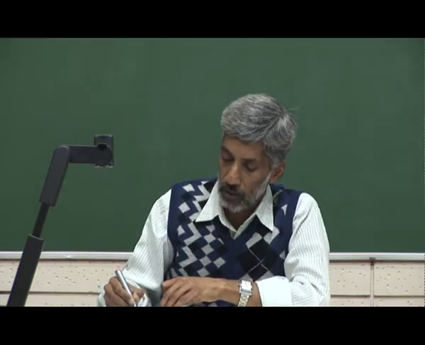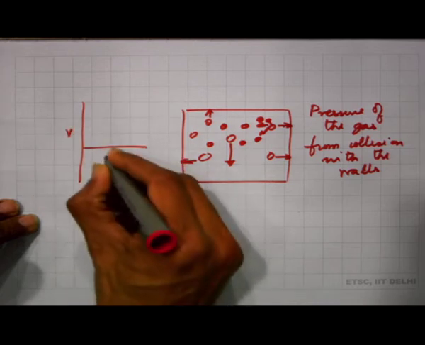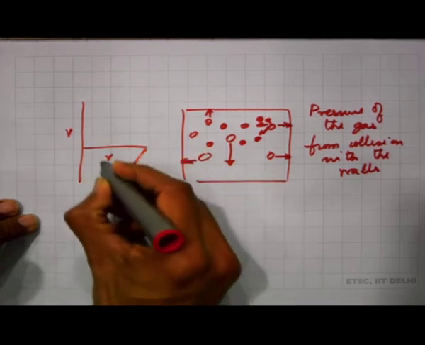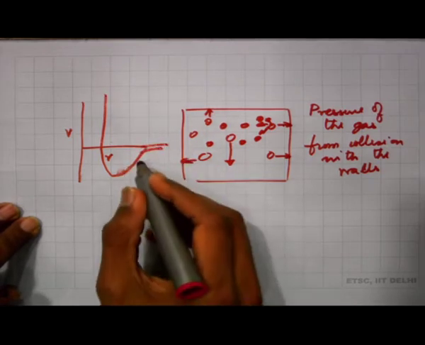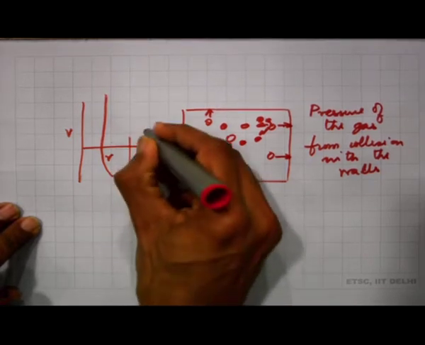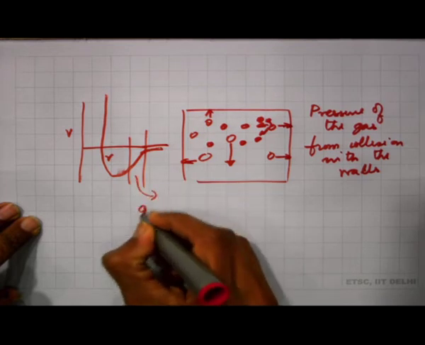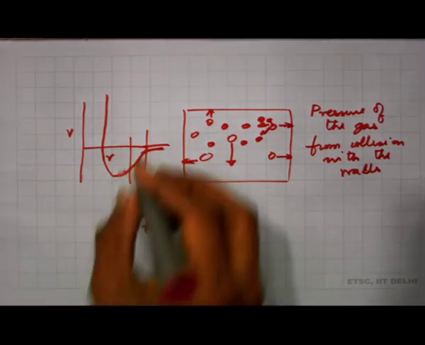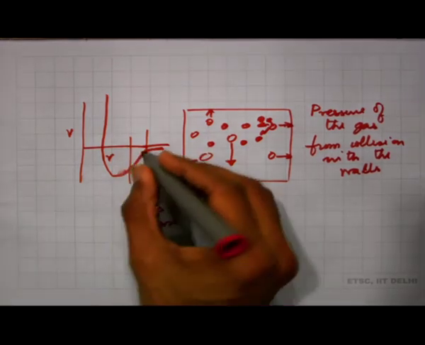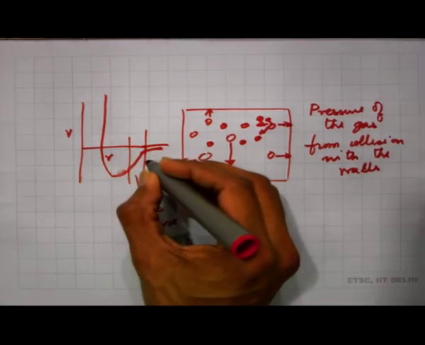What am I saying? So, if I plotted V as a function of R, we know that it looks something like this, and what we are saying now is that the gas phase is here. We are always only sampling the attractive portion of this well.